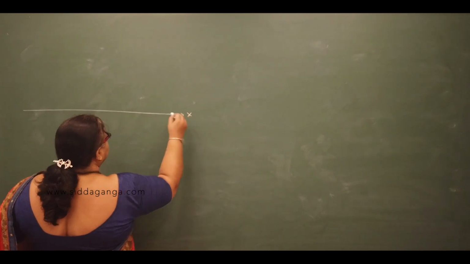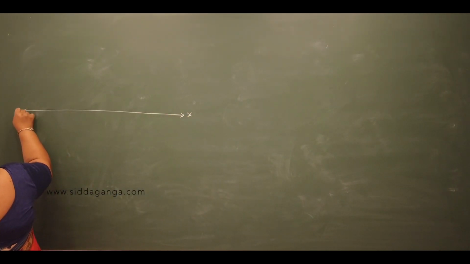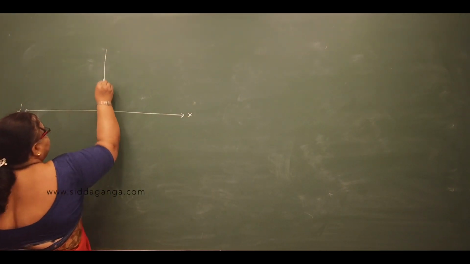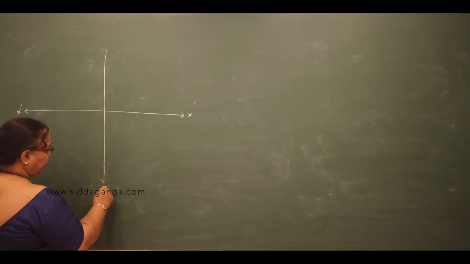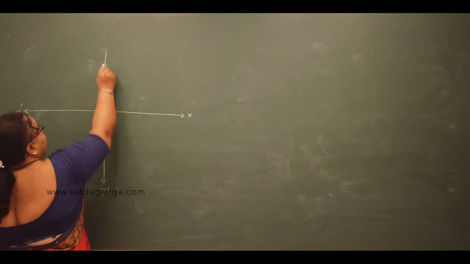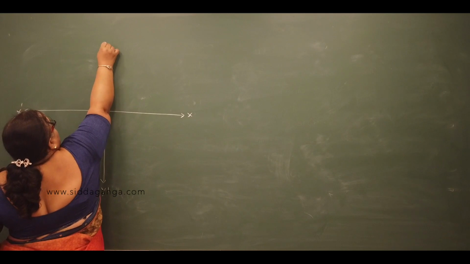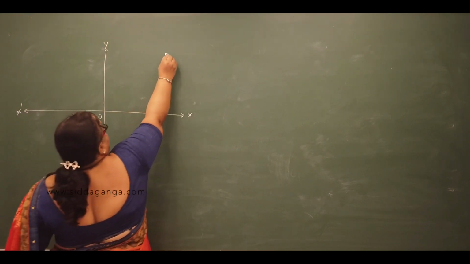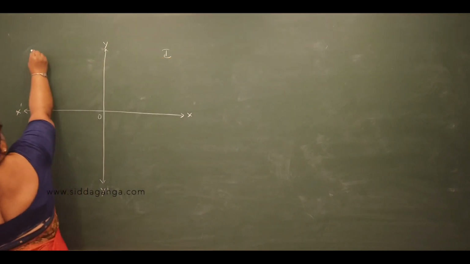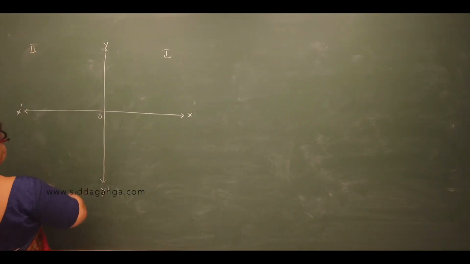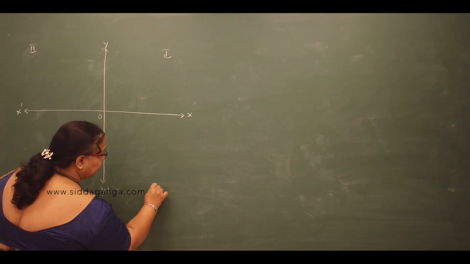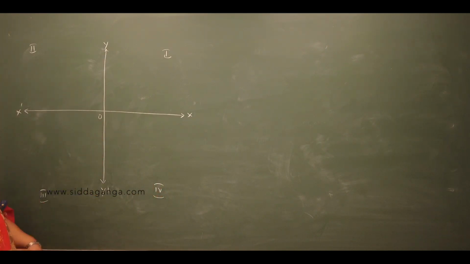The two mutually perpendicular lines divide the plane into four parts, where the parts are called quadrants. So this is taken as first quadrant, this is second quadrant, third quadrant, and this is taken as fourth quadrant.